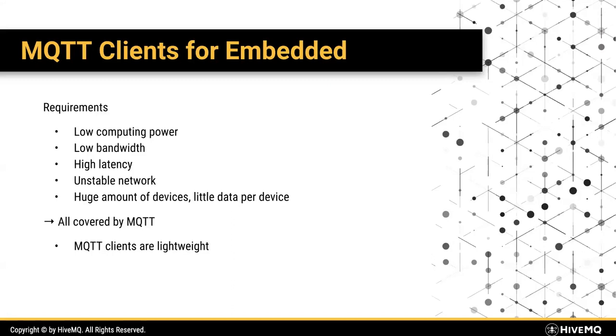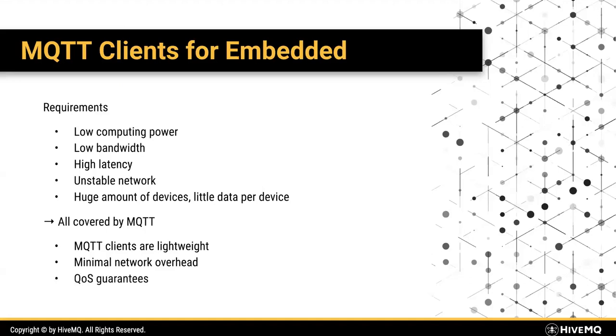So the heavy things move to the broker, the MQTT broker, and the clients are really lightweight, so they can run on these embedded devices. Also, MQTT ensures that the network overhead is minimal. We will see this later with the HiveMQ MQTT client, that the clients are really lightweight and don't have a lot of overhead.